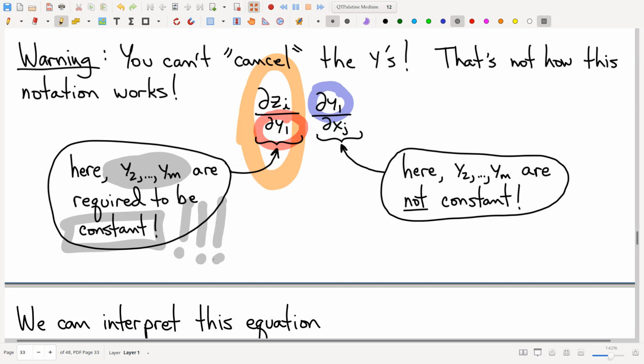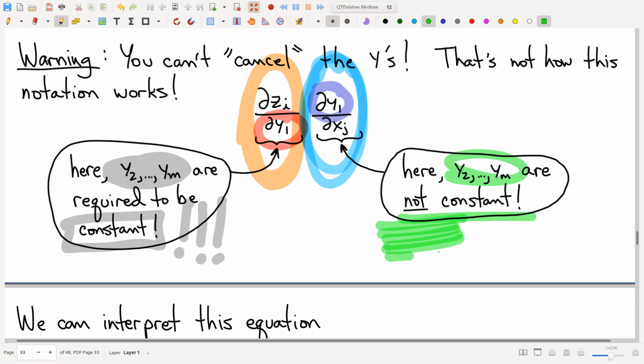So for this to make any sense at all, I have to insist that in that scenario, the other y variables are all constant. But now let's look at this story over here. In that story, I'm taking a partial with respect to xj, which means xj is going to be changing, which means all the y's are going to be changing. They are not going to be constant.